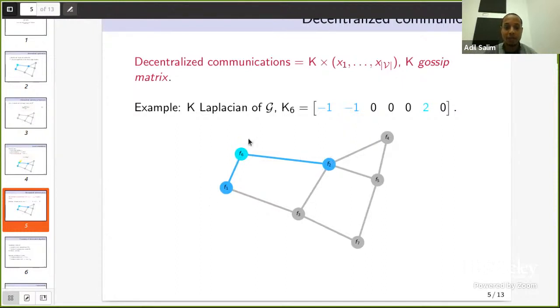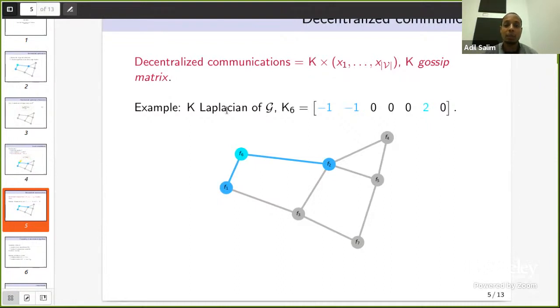Mathematically, communication rounds are represented by multiplying the vector of the local variables, the vector of the xi's, by a matrix K, which is called the gossip matrix.